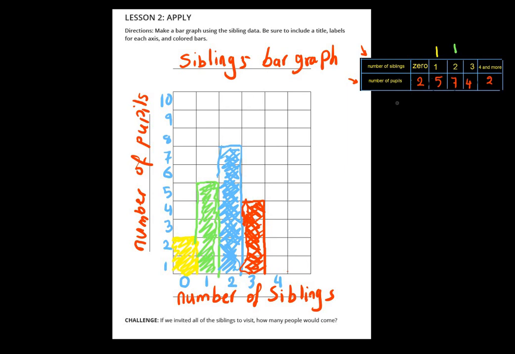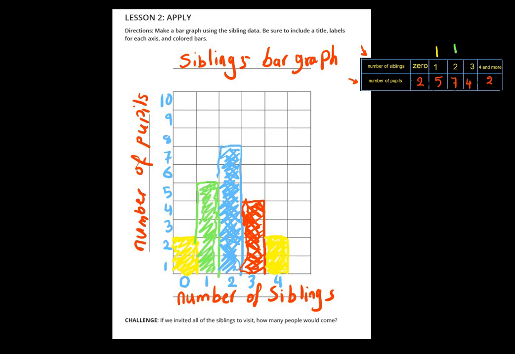And the last one, 4 children and more. We colored 2 squares only. We can change the color. Okay, we have finished graphing. This is called a bar graph.